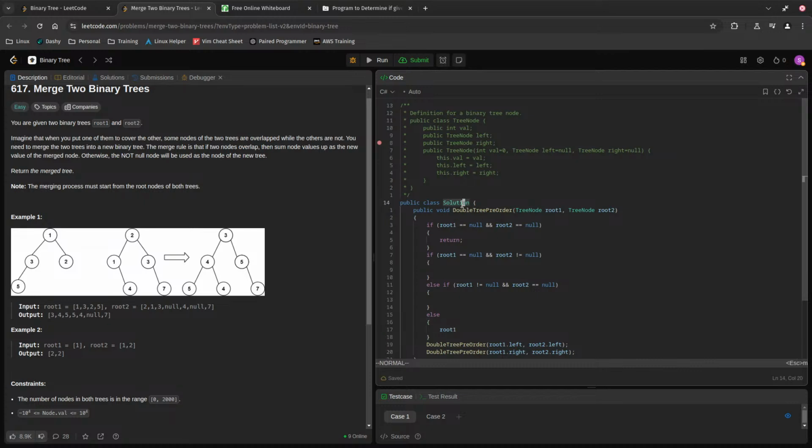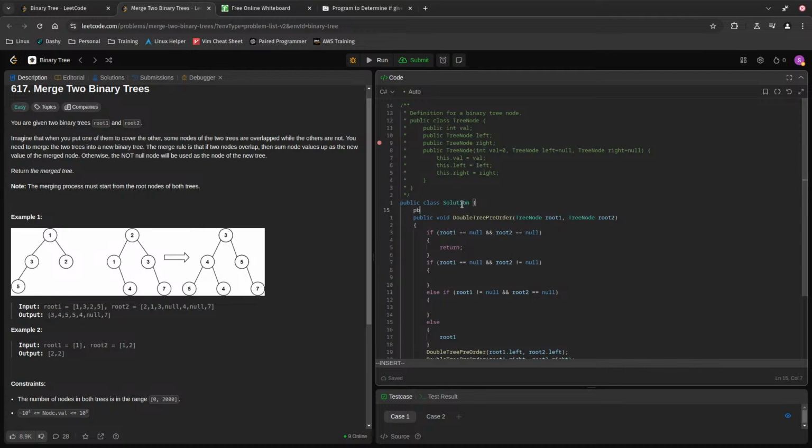Oh, what if I do something like this? Public tree node merged tree is equal to new tree node.